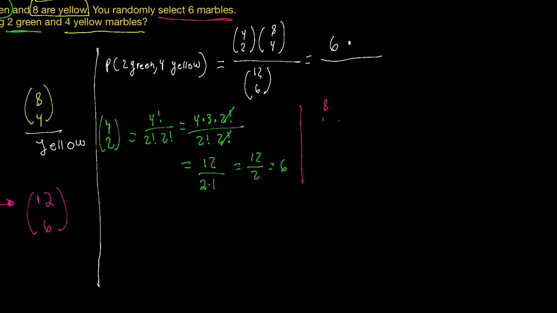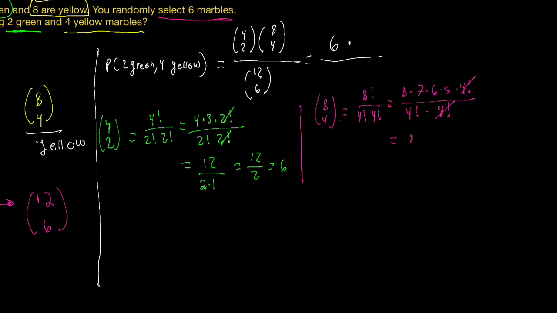So 8 choose 4 is the same thing as 8 factorial over 4 factorial, and then 8 minus 4 is 4 factorial. So let's expand 8 down to 4 factorial. And now the 4 factorial on the numerator is going to cancel out with one of the 4 factorials in the denominator. And we get 8 times 7 times 6 times 5.